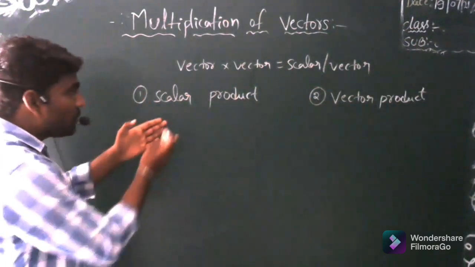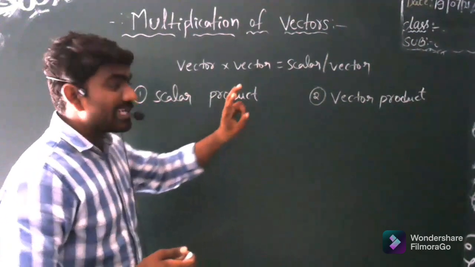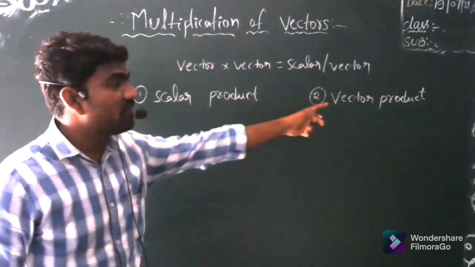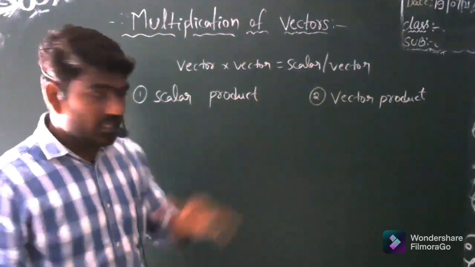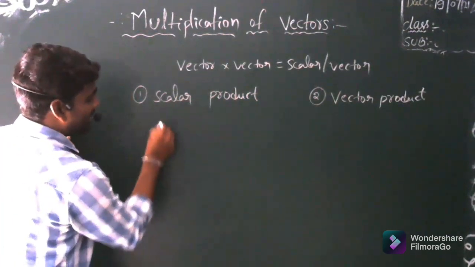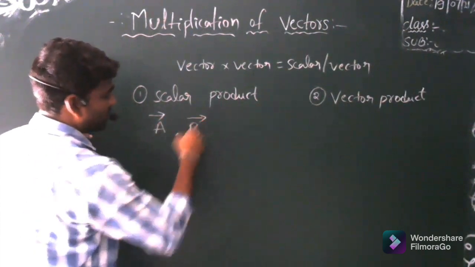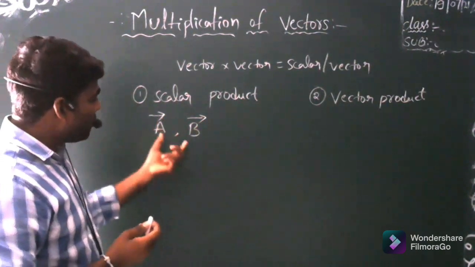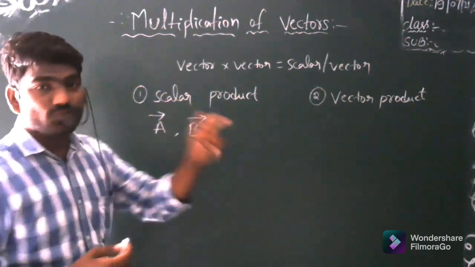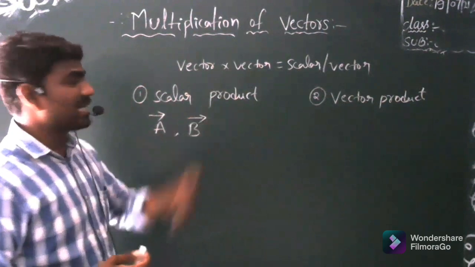Now, how can you represent the scalar product and the vector product? The representation is different for the scalar and vector products. Let us take an example. This is a vector A, and this is a vector B. Whenever you multiply these two vectors, if you get a scalar quantity, then it is a scalar product.